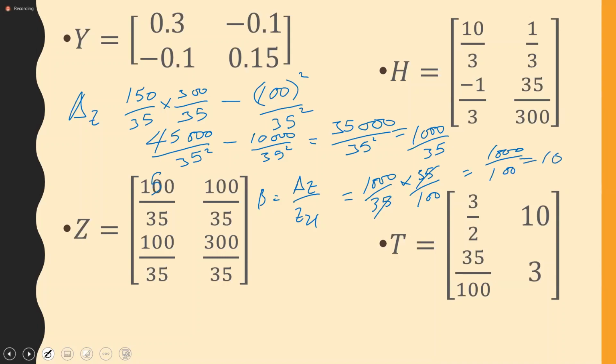No need for a calculator. And of course, that is what we have here. So I've just used the matrix to convert from impedance to transmission parameters. And we can do that for any set of parameters.